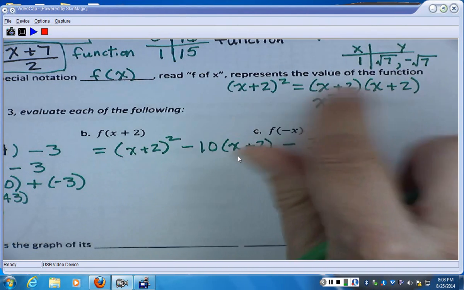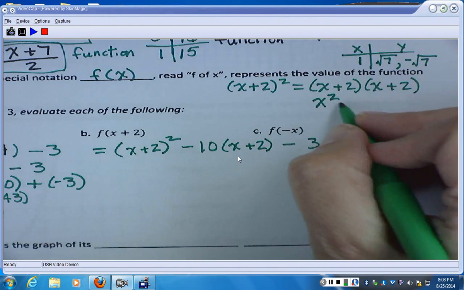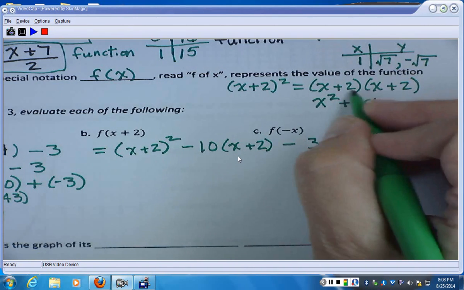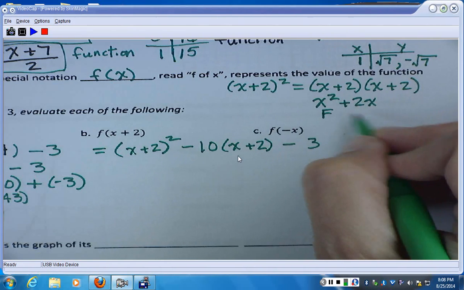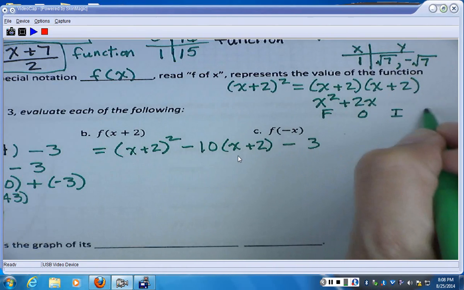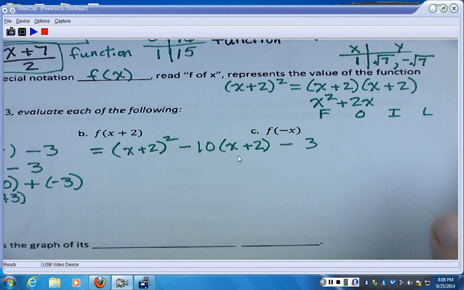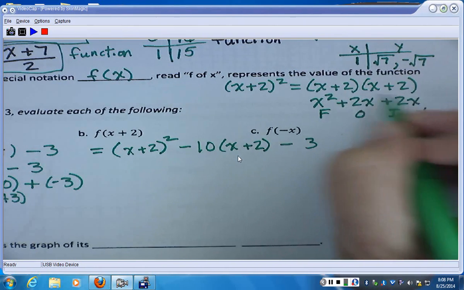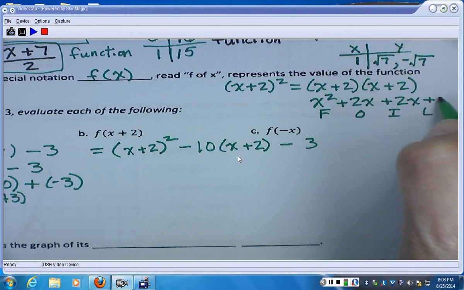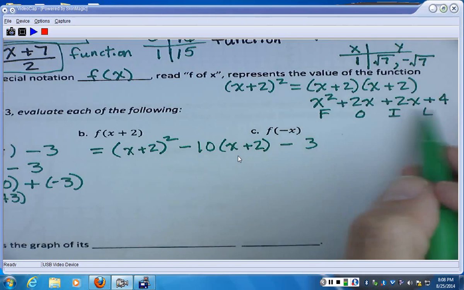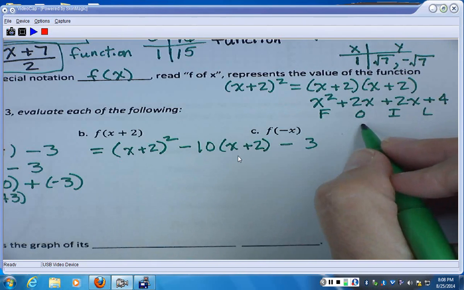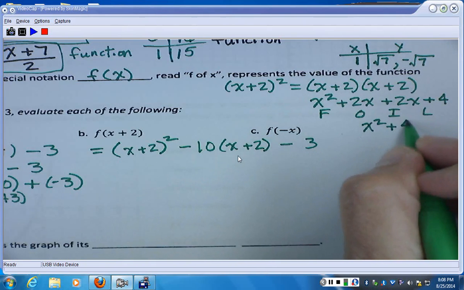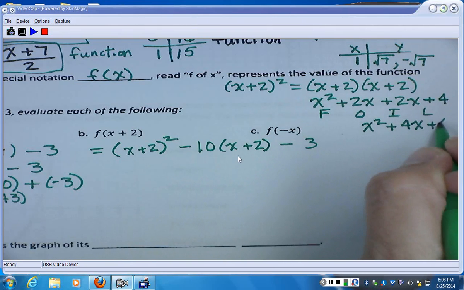Outer is 2 times x, and that's positive. Inner, so it's first, outer, inner, last, FOIL. Inner is 2x, and they're all positive. And 2 times 2 is 4. Then combine your like terms. You get x squared plus 4x plus 4.